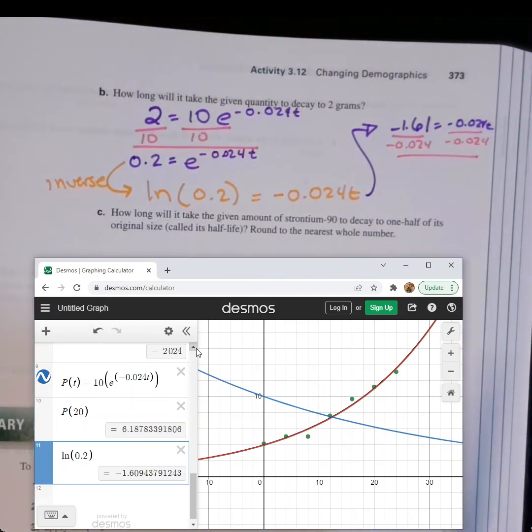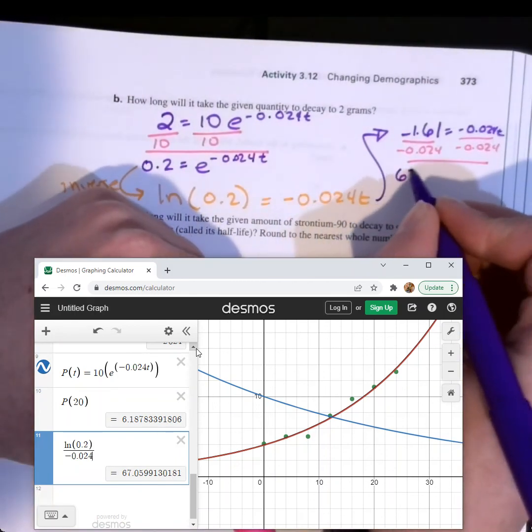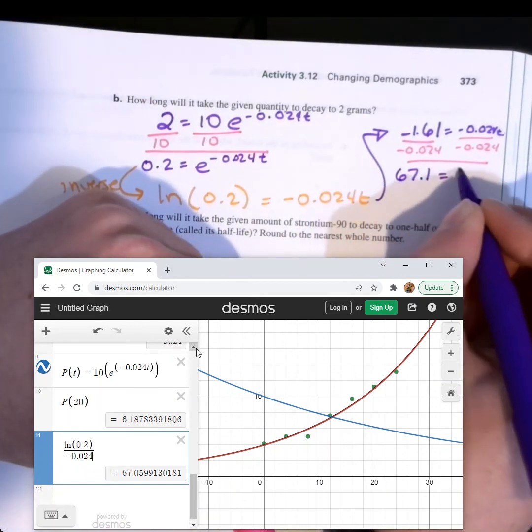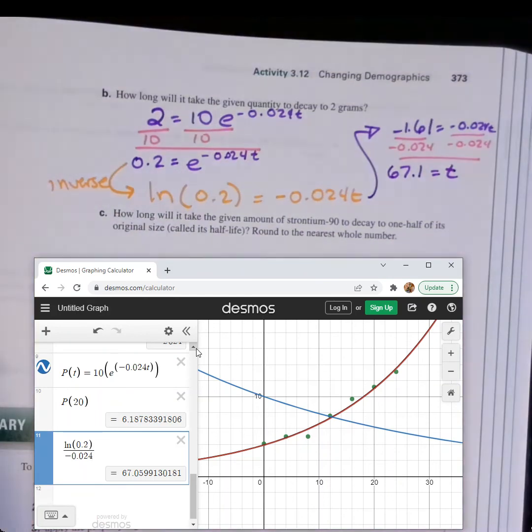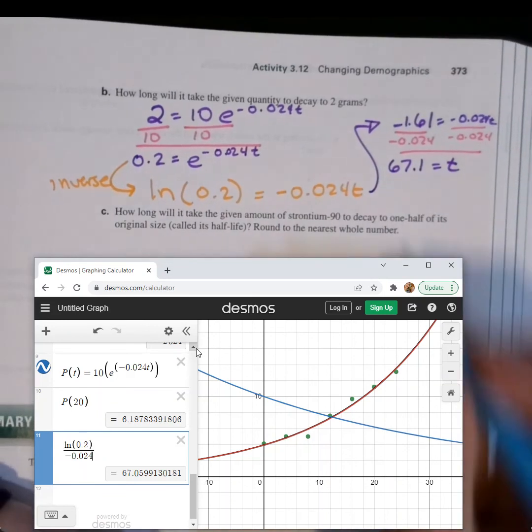If I take this number, which I already have typed right here, and divide it by negative 0.024, that gives me 67.1 equals t. So that means that it will take 67.1 years for the initial amount to decay to 2 grams.